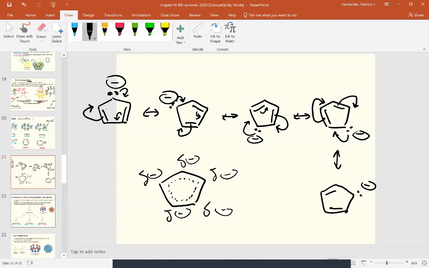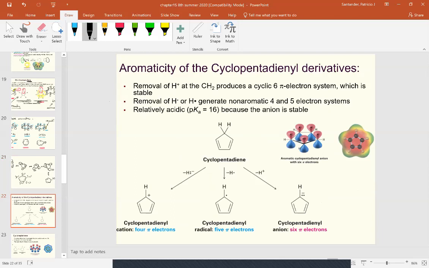Then in the next slide, what do we have here? We have the aromaticity of the cyclopentadienyl derivatives. There are three things that we can do with the cyclopentadiene. One thing is that I could remove just one hydrogen atom.